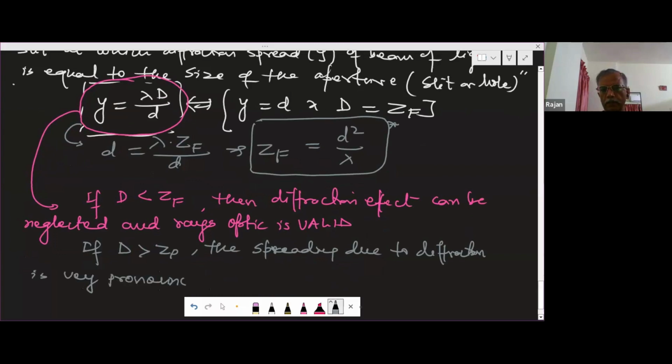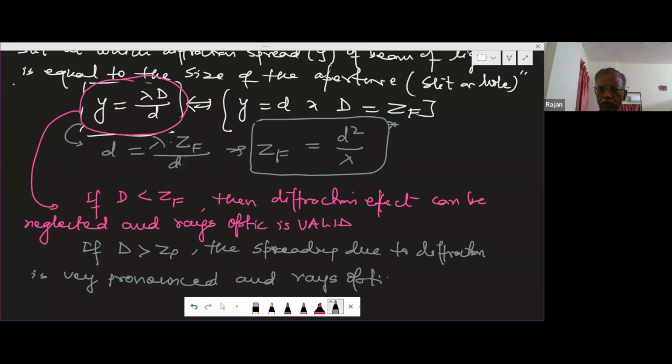You can see it easily. And in this case, what can we say about ray optics, valid or not valid? Rishit, what should we write here?